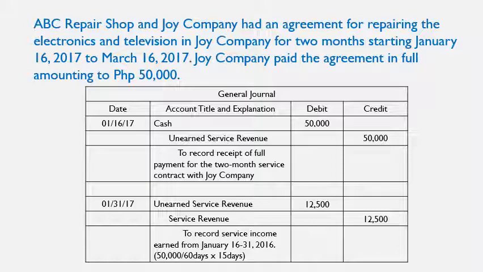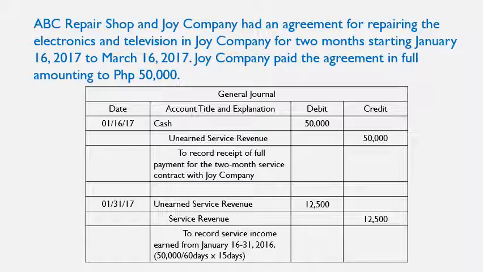Debit unearned service revenue, credit service revenue, 12,500. Okay? Why did it become 12,500? If we count from January to March, we have 60 days, so that is 2 months.